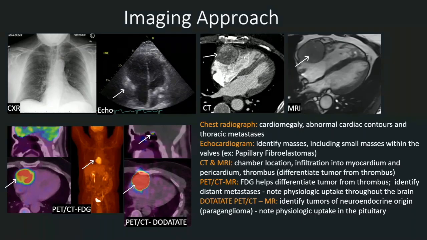This is an example of a paraganglioma identified on a CT chest done for chest pain. MR is useful to characterize and to look for chest wall invasion. Ultimately we come down to PET, to see the metabolic profile and whether there is any metastatic disease anywhere, and also to choose what location to biopsy.